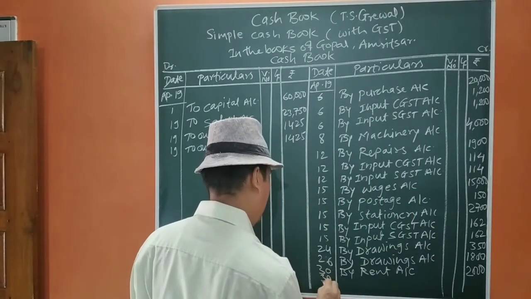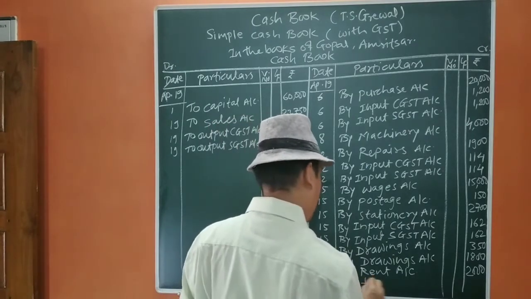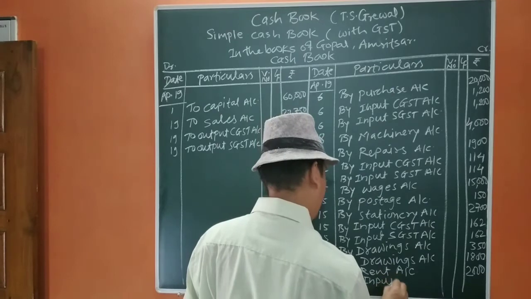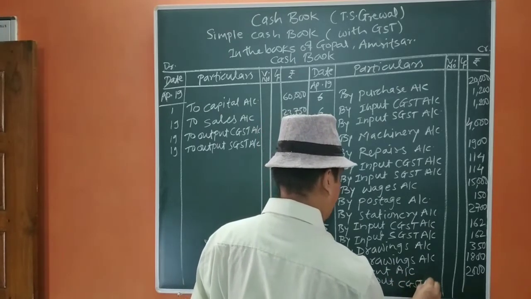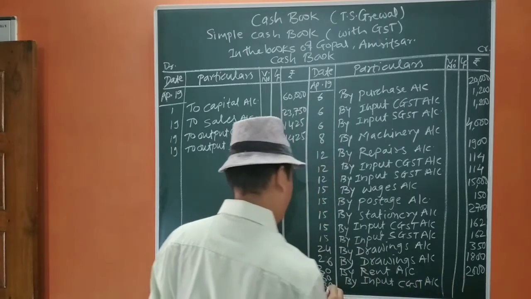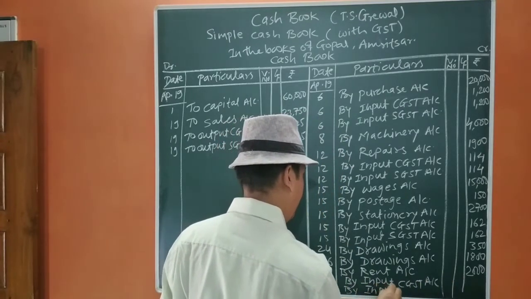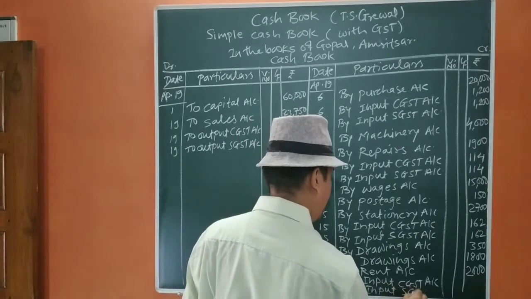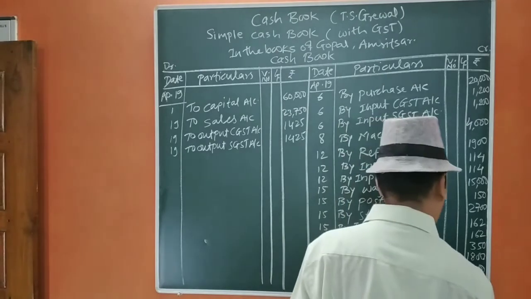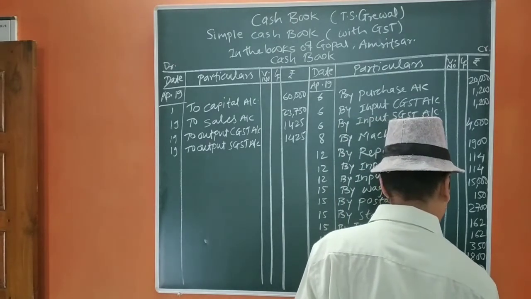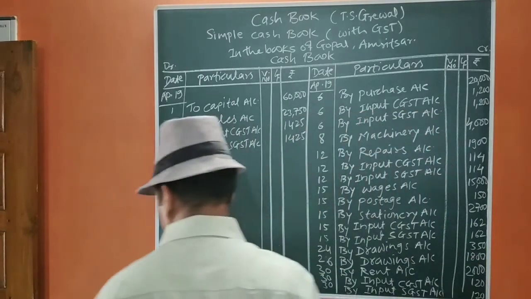On 30, by input CGST account, by input SGST account. The amount will be 120 each. Okay. This is the end of the question.